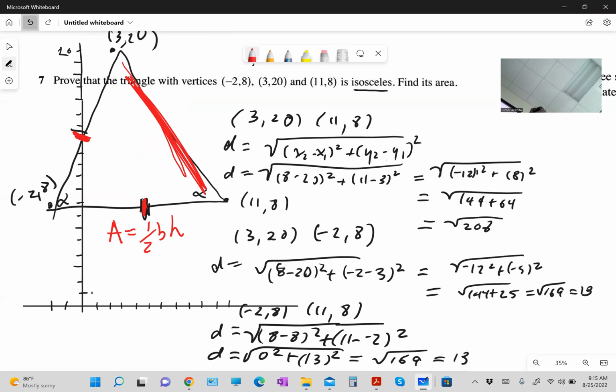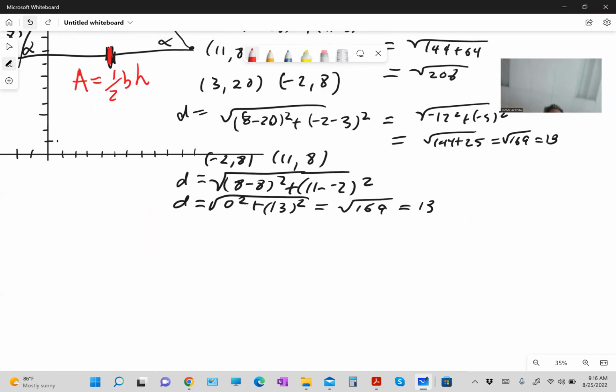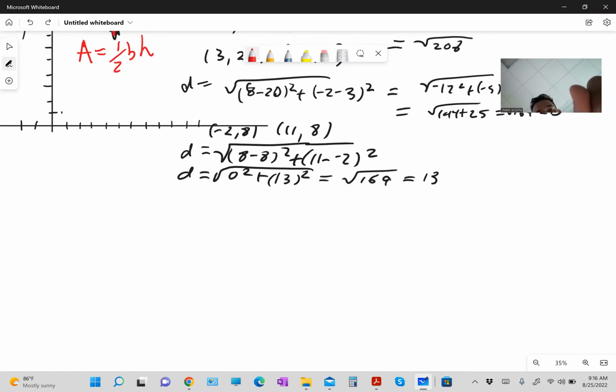So now the problem gets more complicated, but in actuality, it's just trying to get you to do everything that you're supposed to know. So let me zoom out a little bit. Now we're going to tackle the area part of this problem. I'll write down the information here. So let's do that together.